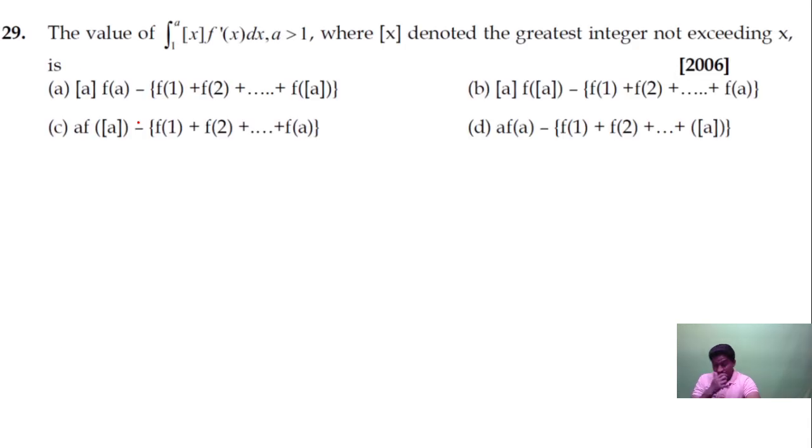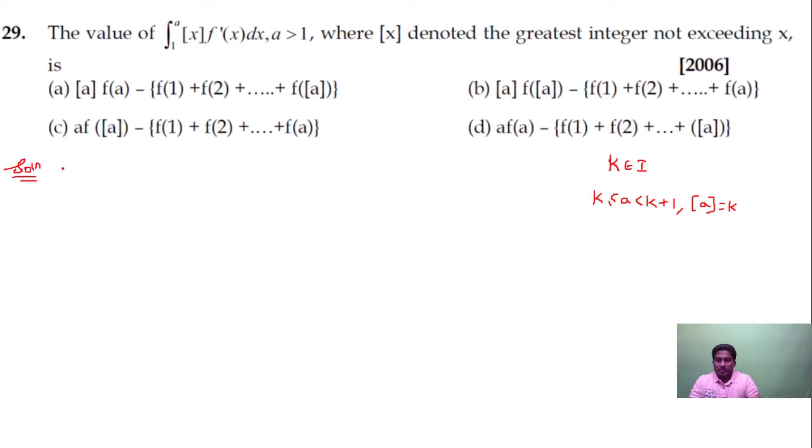Question number 29. Now follow carefully. I'm going to take k as an integer, where k is less than or equal to a and a is less than k plus 1. So obviously floor of a will be equal to k.